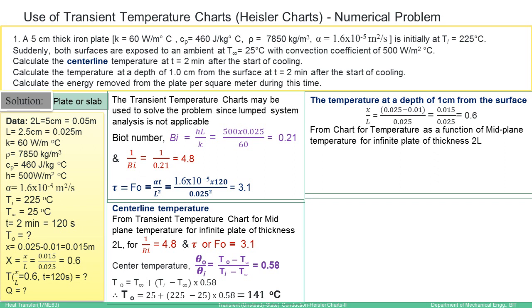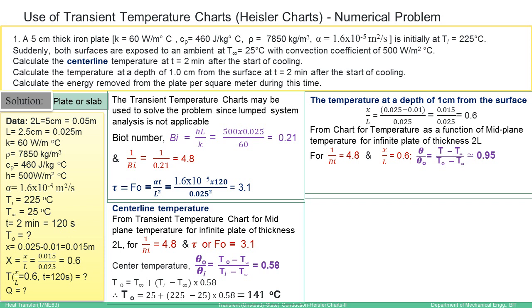So now we use the second chart for infinite plates, that is the temperature as a function of mid plane temperature for infinite plate of thickness 2L. So in this case we need 1 by Biot number and x by L, that is the dimensionless coordinate. We have the values, and for those two values we can get theta by theta naught is equal to T minus T infinity divided by T naught minus T infinity, which is closely equal to 0.95.